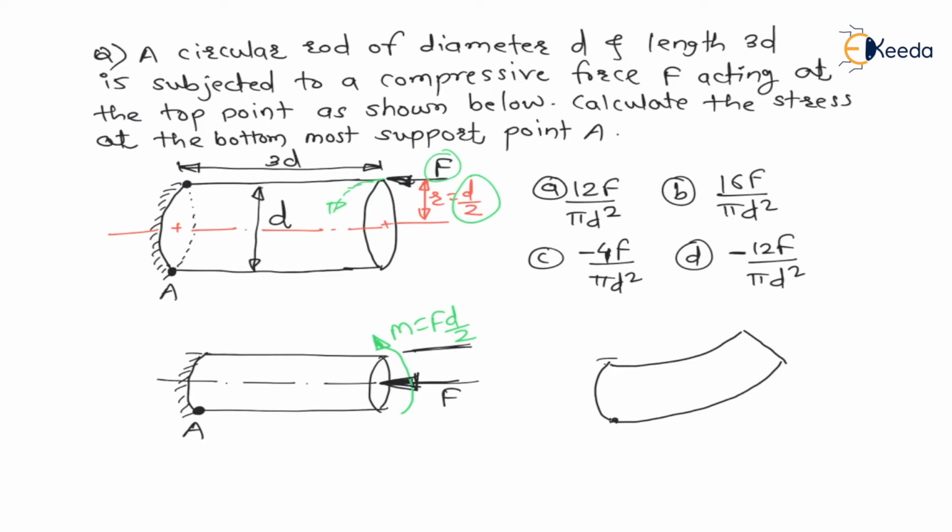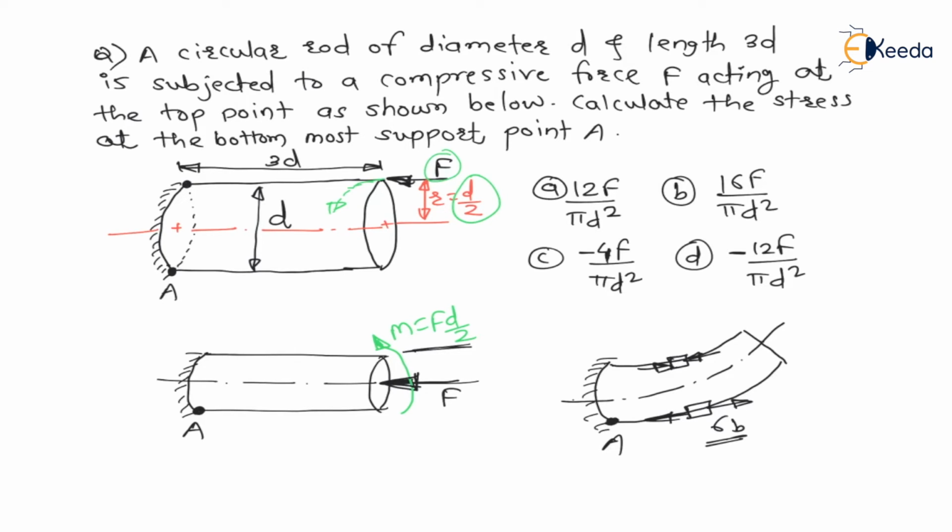This is fixed over here, this is a point and this is the axis of the rod. The axis is going to bend, and because of the moment the upper fiber will go under compression, but the lower fiber will be under tension for bending stresses.